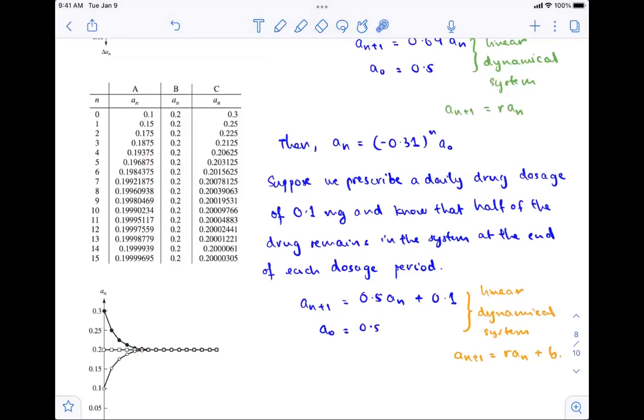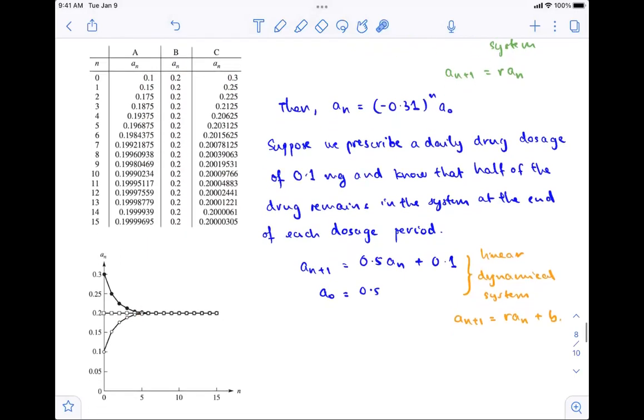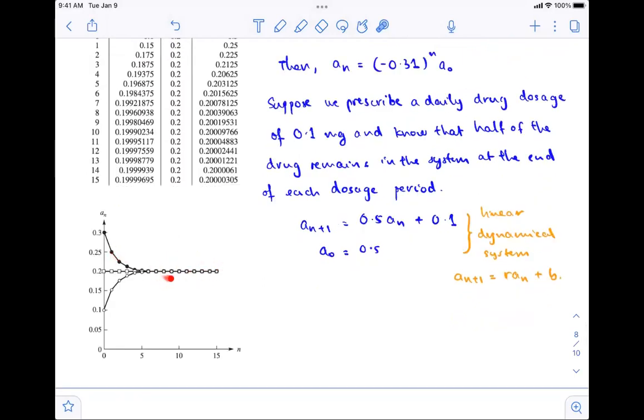So there are three cases that you want to look into: the first is the amount of 0.1, the second is 0.2, and the third is 0.3. For each case, the amount of drug will approach 0.2 given a different initial value. So given a sub 0 equal to 0.1, 0.2, and 0.3, you have different calculations, but it always comes down to 0.2.